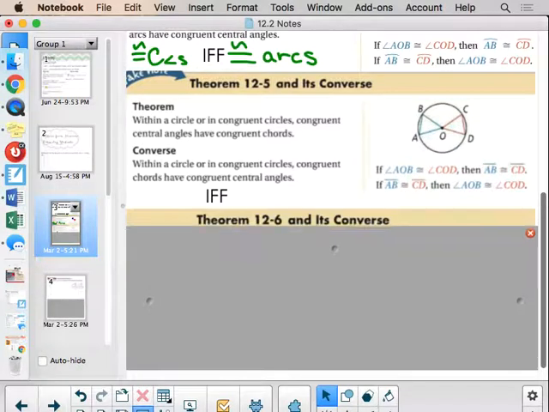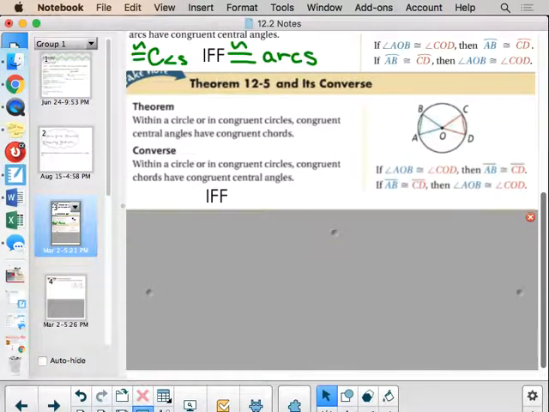If I have congruent central angles, then I have congruent chords. So if in here this angle is congruent to this angle, then what I know is true is this chord, AB, is congruent to this chord, CD.